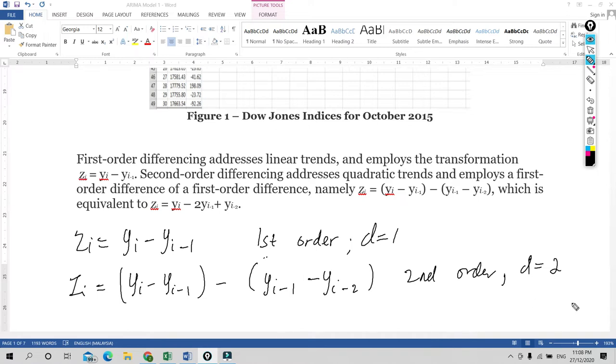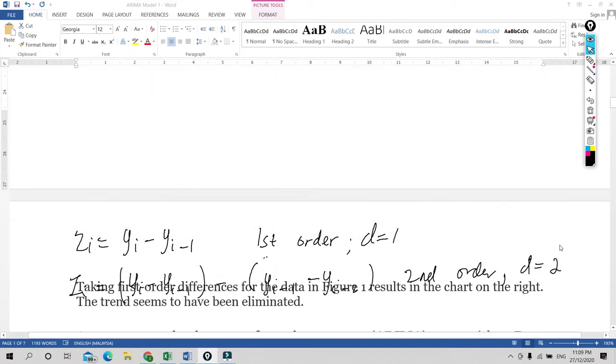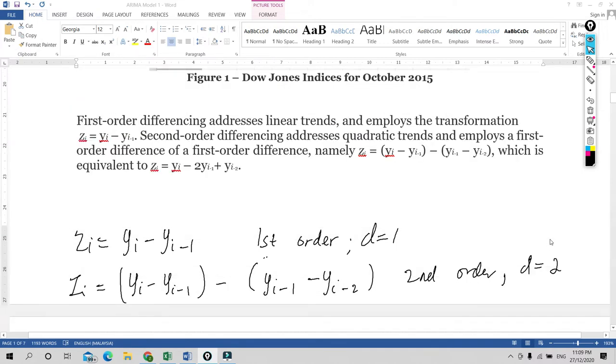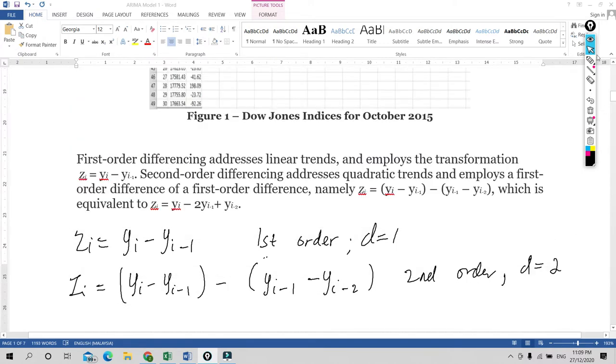If you simplify this, Z sub i becomes Y sub i minus Y sub i minus 1, minus Y sub i minus 1, negative negative becomes positive, so you have negative 2 Y sub i minus 1, plus Y sub i minus 2.